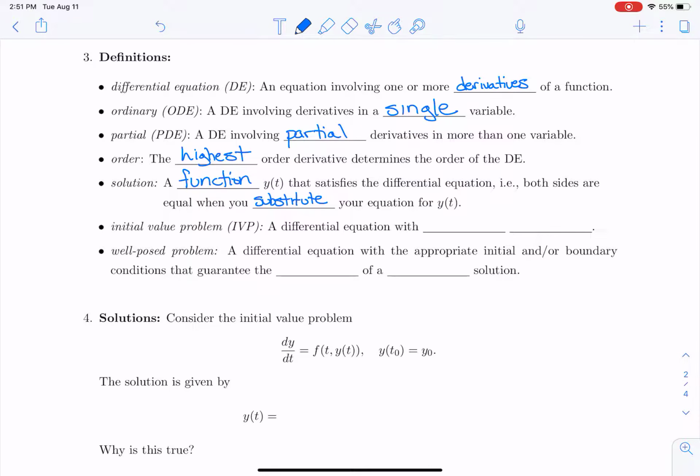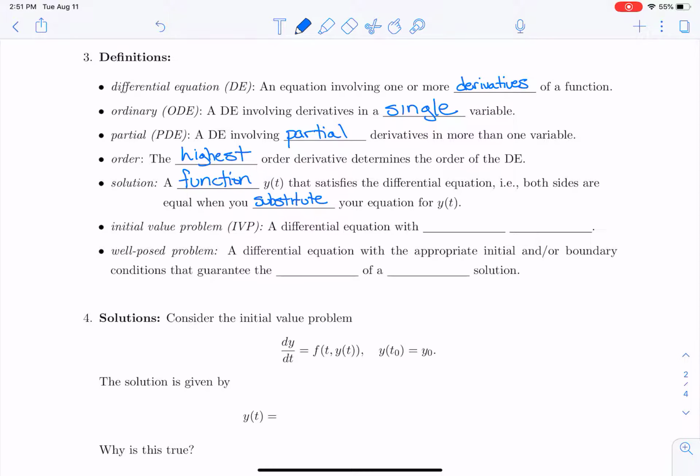We're going to see some examples of that later. Basically, we have an equation that relates the derivative of a function to the function itself, and we want to substitute in the derivative of the function and the function itself into the equation and make sure that both sides are equal. That's going to be a solution.